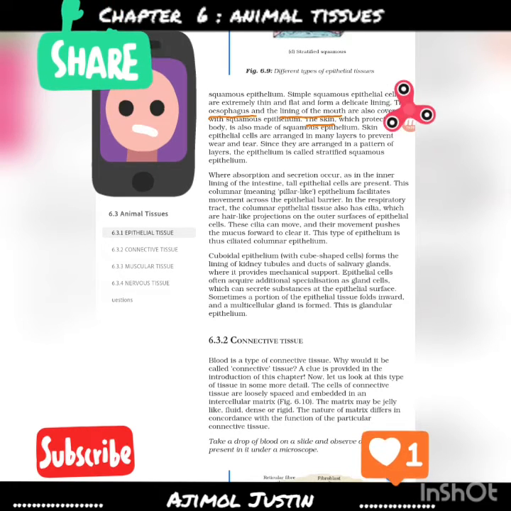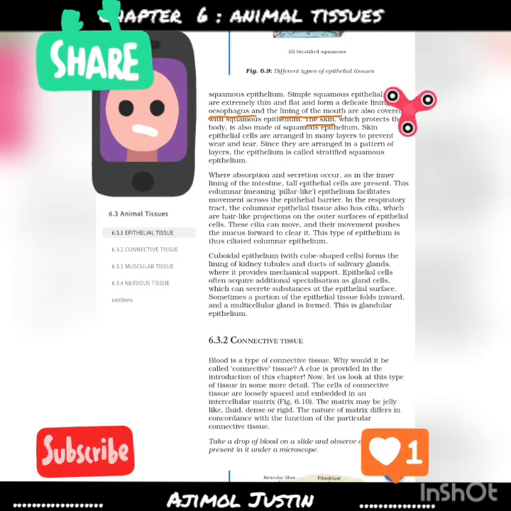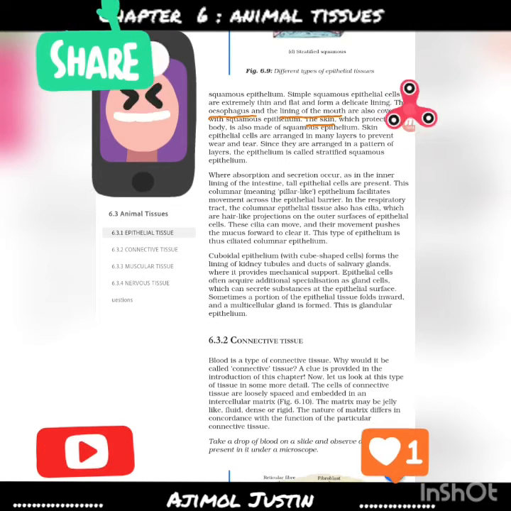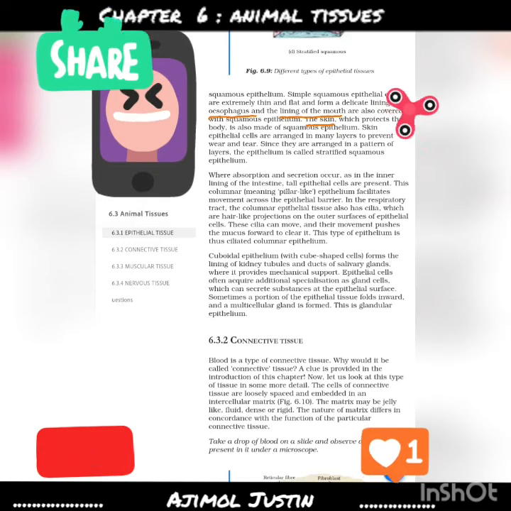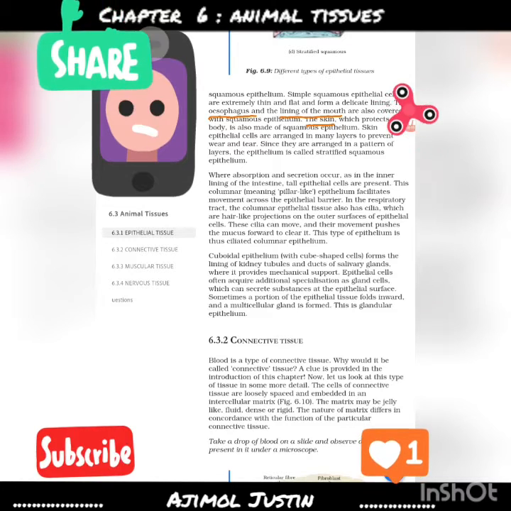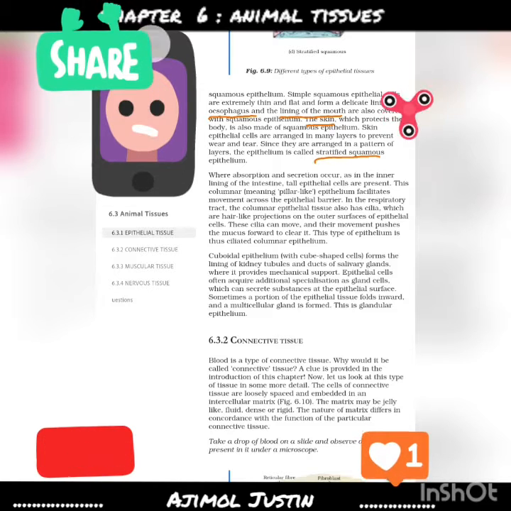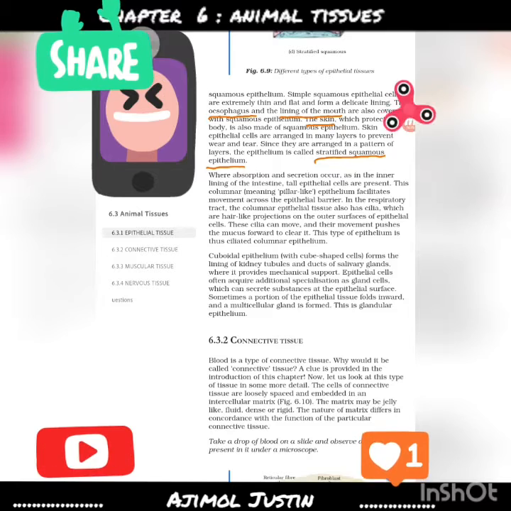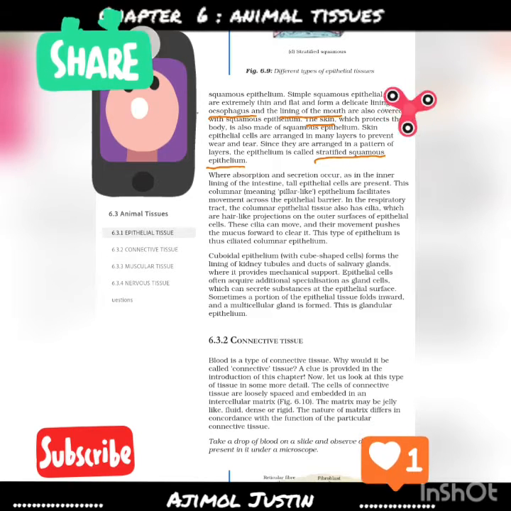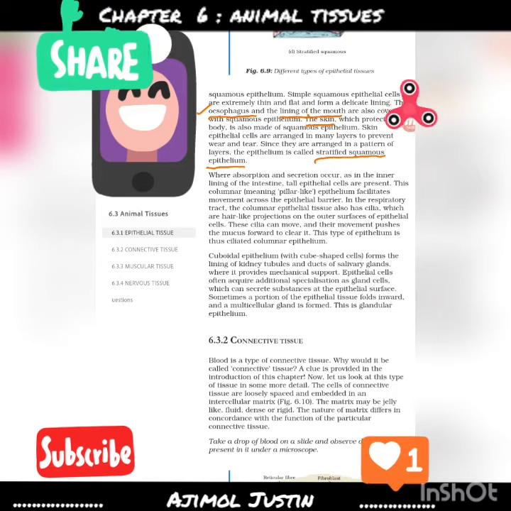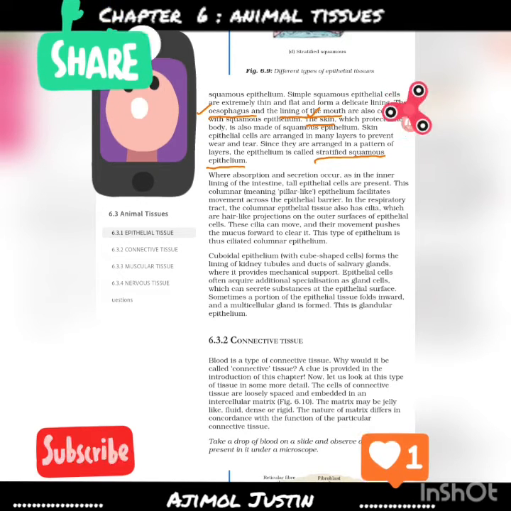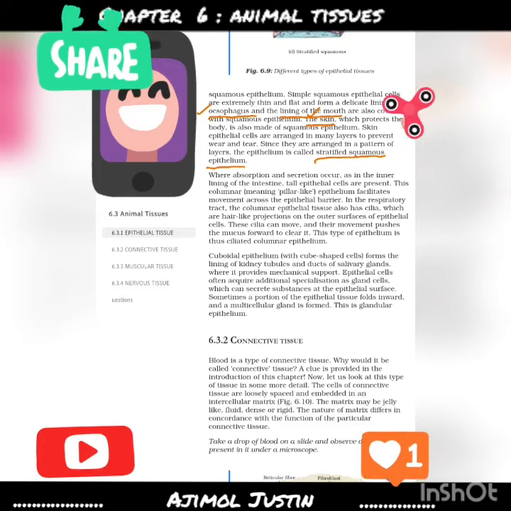Now in skin, epithelial cells are arranged in many layers. Why? To prevent wear and tear. Since they are arranged in a pattern of layers, this epithelium is called stratified squamous epithelium. So before, I said the esophagus and lining of the mouth are simple squamous epithelium.